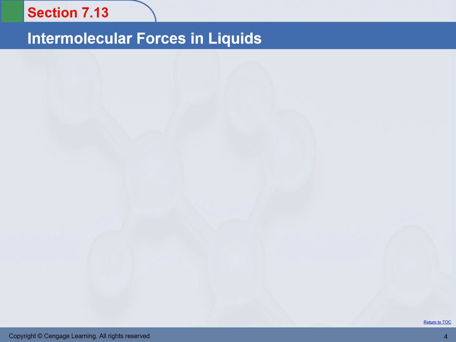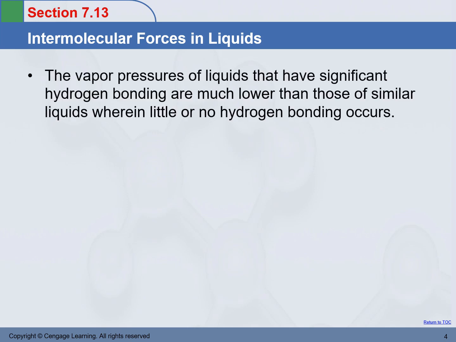Now let's look at the relationship between the intermolecular force and the boiling points of a substance again. We did this on the last episode right after we finished London dispersion. At that time, our conclusion was for related compounds, the bigger the molecule, the higher the boiling point, because when molecules get bigger, the London dispersion gets stronger. So the vapor pressure of liquids that have significant hydrogen bonding are much lower than those of similar liquids with little or no hydrogen bonding.